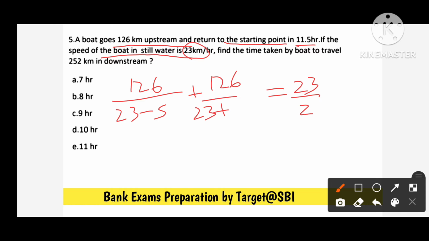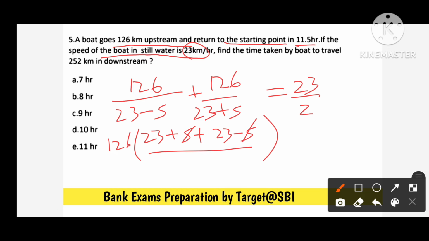From this we can take 126 common, and 23 plus s plus 23 minus s, the s cancels. In the denominator we have 23 squared, 529, minus s squared, equals 23 divided by 2.